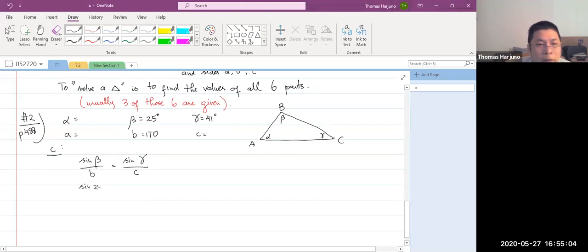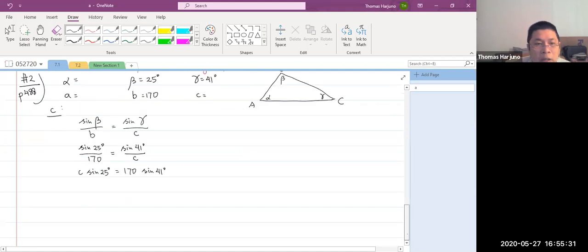Sine 45 degrees over 170 equals to sine 41 degrees over C. And cross multiply: C sine 45 degrees equals to 170 sine 41 degrees.